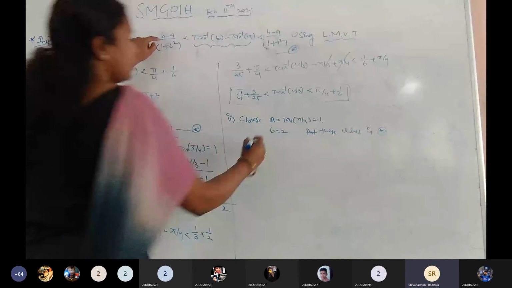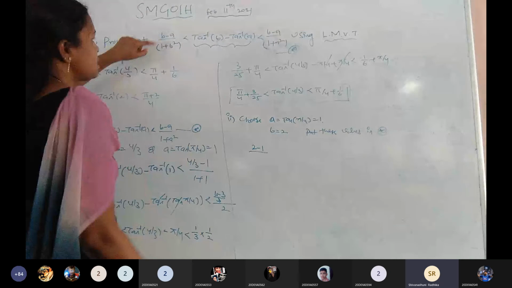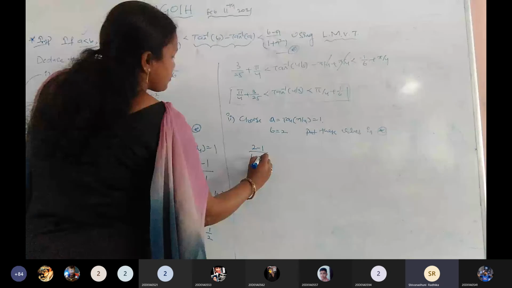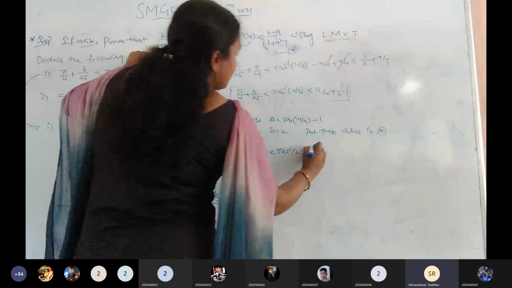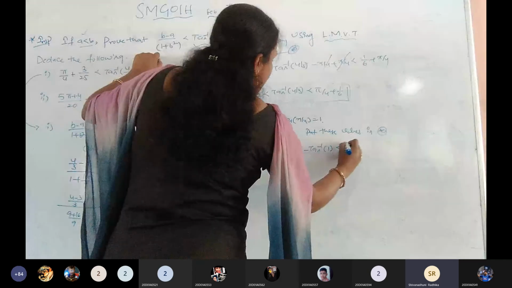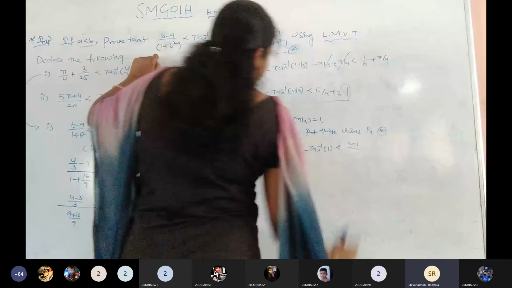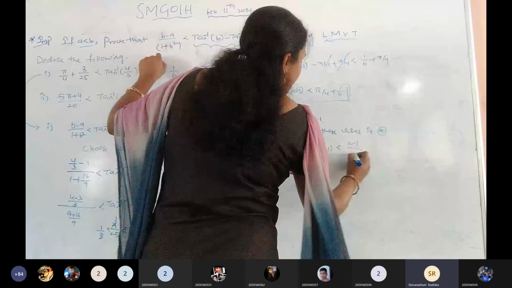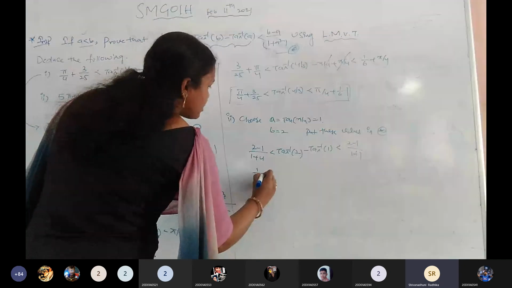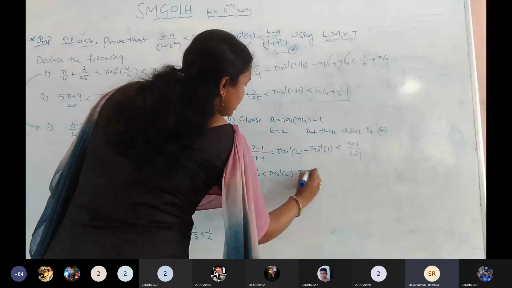B minus A over 1 plus B square is less than tan inverse of B minus tan inverse of A, which is less than B minus A over 1 plus A square. So 2 minus 1 by 1 plus 4, that is 1 by 5, is less than tan inverse of 2 minus tan inverse of 1.